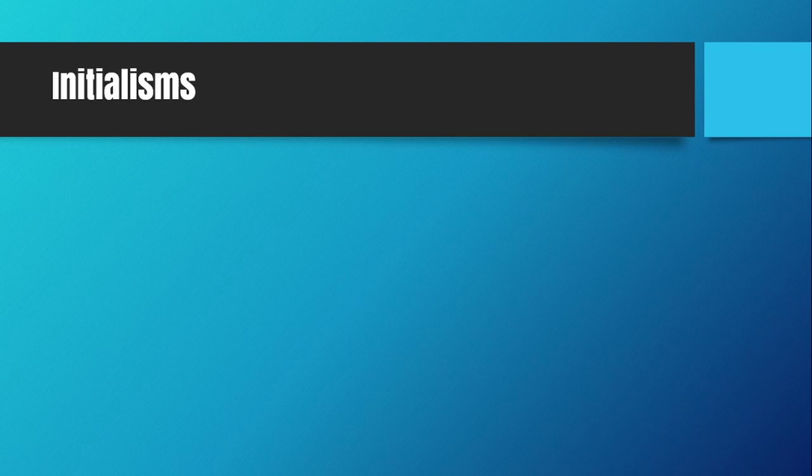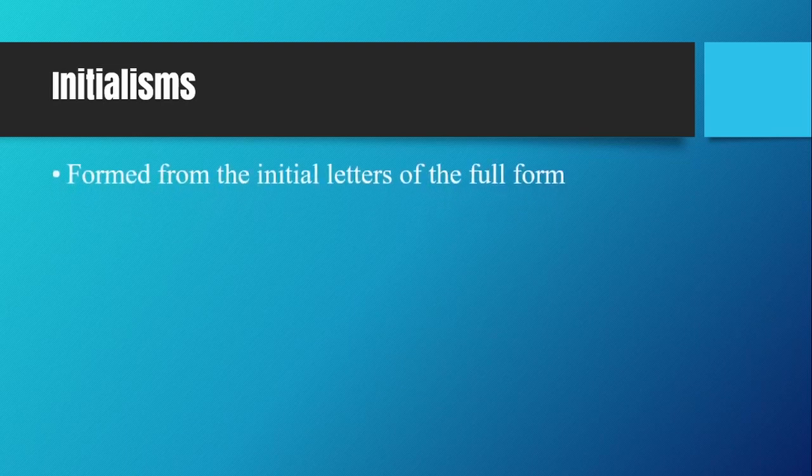If we talk about initialisms, they are formed from the initial letters of the full form. An initialism is a name or term formed from the initial letters of a group of words.